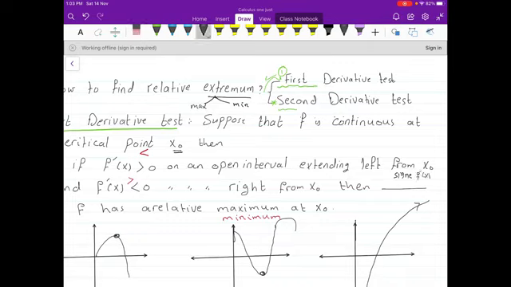You study sign f prime x naught. إذا كان عن يسارها الإشارة positive وهون negative, so that mean increasing decreasing حتكون max.